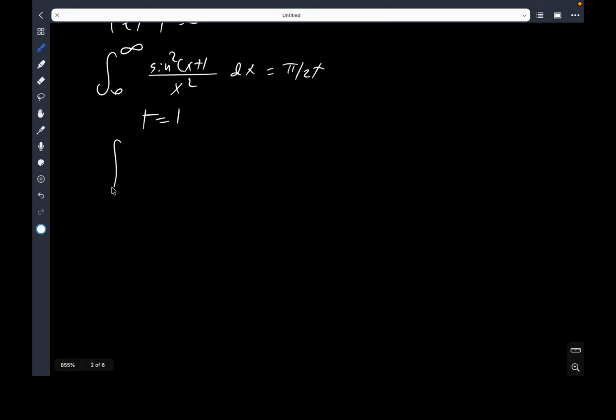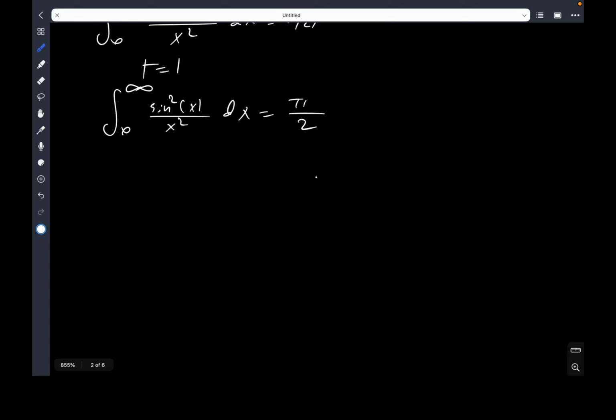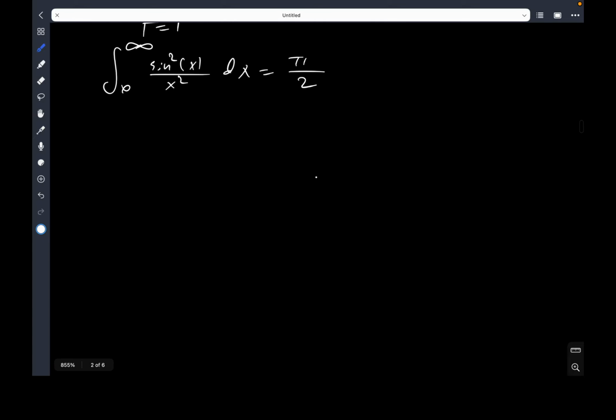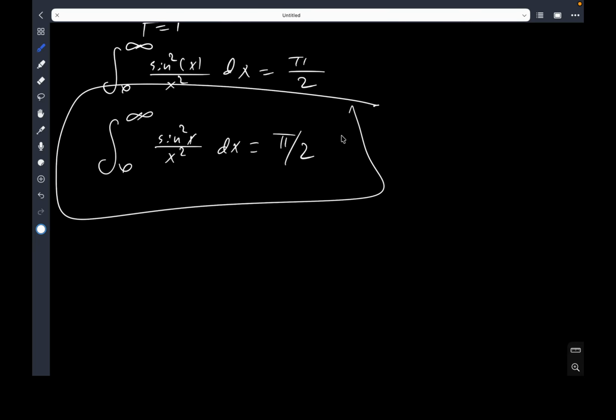Well, I'm going to get the integral from 0 to infinity of sine squared of x over x squared dx to be equal to pi over 2 times 1, which is pi over 2. This is a really interesting result. So the integral from 0 to infinity of sine squared x over x squared dx is pi over 2. And that concludes this video.